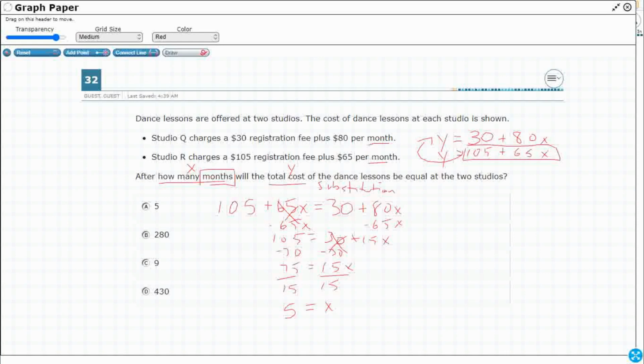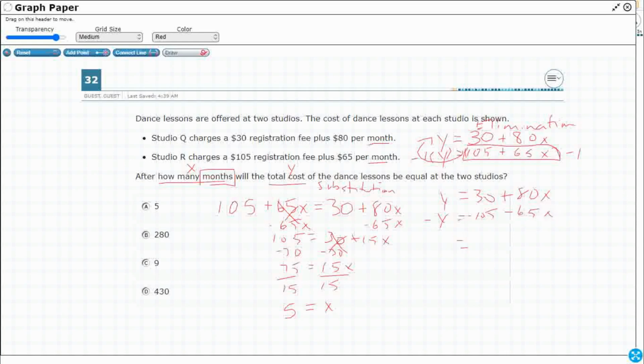Now, that's one option. Also, you could use elimination. How does that work? Well, what happens if we just multiply this bottom one by -1? So it would be y equals 30 plus 80x, and then I'm going to make it -y equals -105 minus 65x.